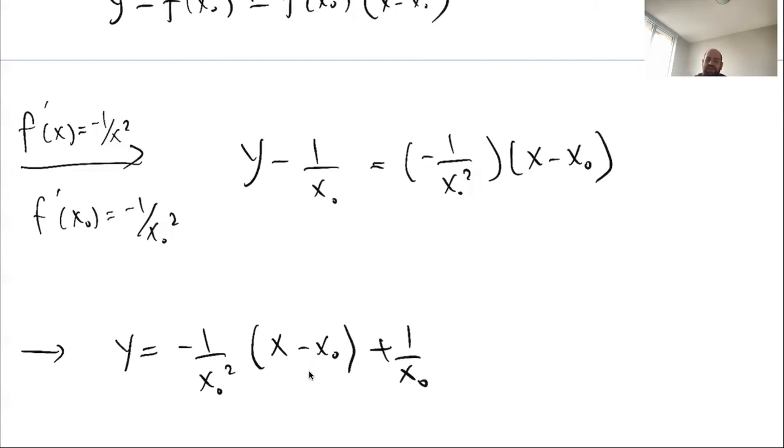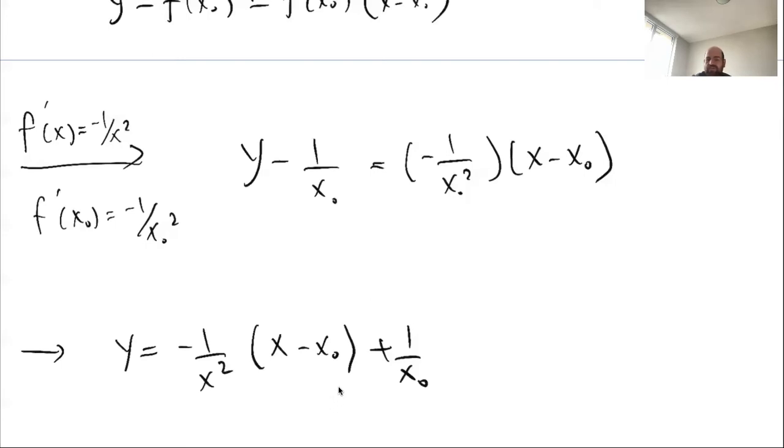But if in the exam you do some calculation and you see that you have x squared here instead of x0 squared, then you have made a mistake somewhere, because this is not the equation of a line. The equation of a line should be some constant times x plus another constant. If you expand, x times 1 over x squared is 1 over x, so it's a constant over x, and this one is a constant over x squared.